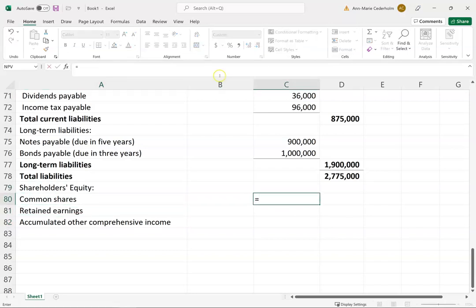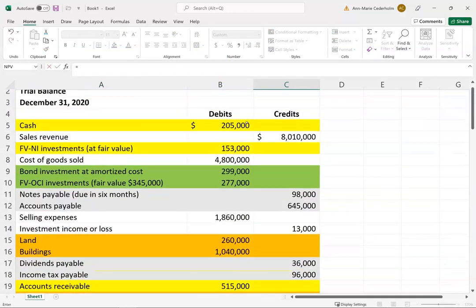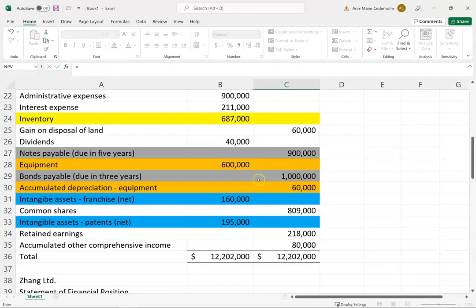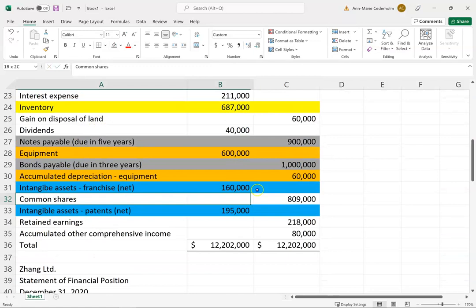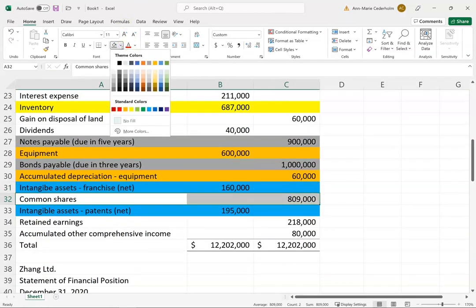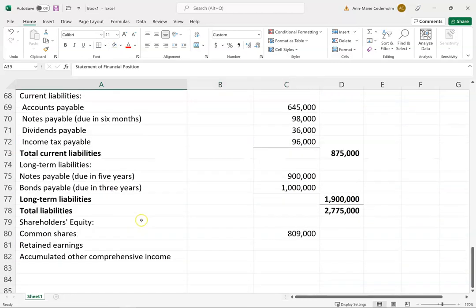So my common shares are right here, 809. And what I'll do is I'll put a little highlight on that one. Maybe we'll make these ones a light green. And my retained earnings is 218, so I'll put that one down.